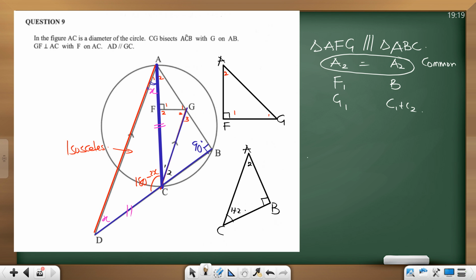When we prove similarity, we're not using sides. We don't use sides. To prove similarity, there's only one way: prove that 2 angles are equal. That's the only way to prove similarity. Check the next one. What can you tell me about F1 and B?